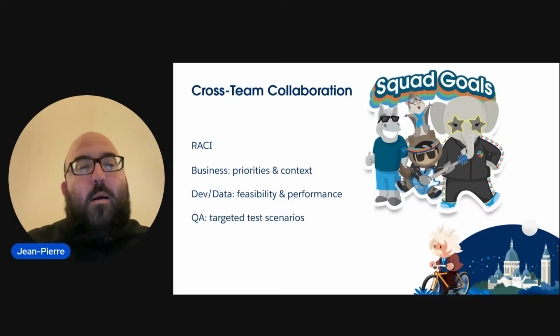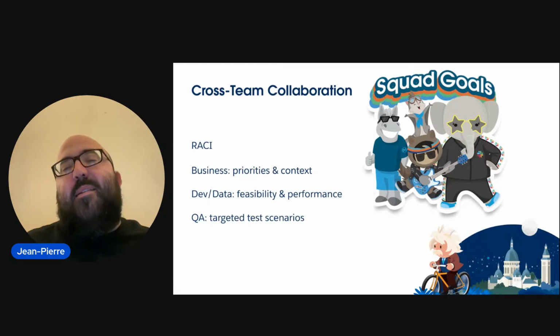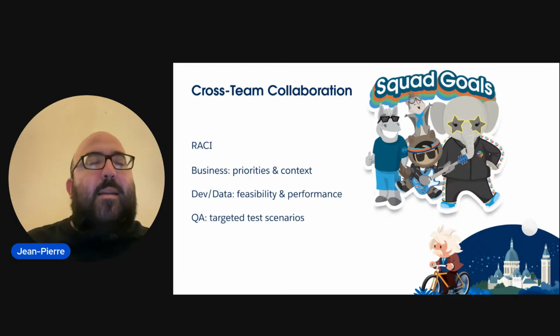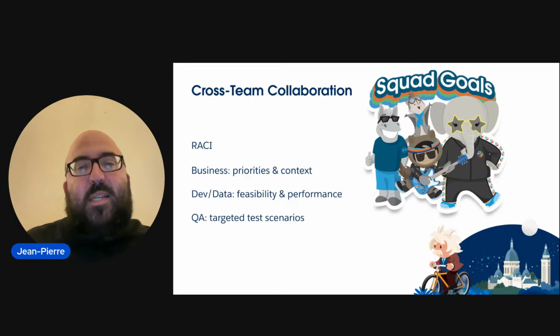Obviously, when you are in meetings, when you work with the business, you want to make sure that you get their priorities straight, and you want to understand the context. The context is going to help you understand the priorities and how they're going to be using data in the actual system, in actual life.